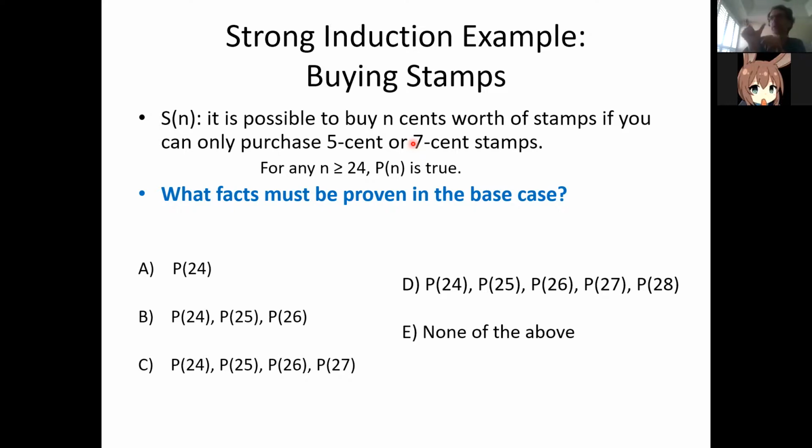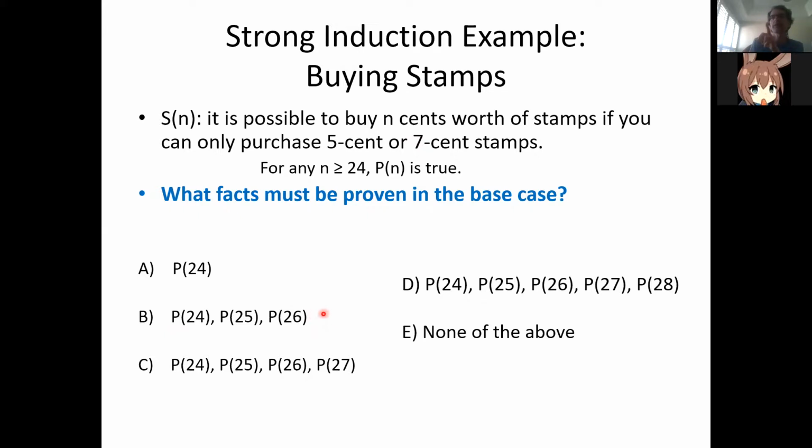So for that to work, in the inductive hypothesis, if you're proving something about some new point and you have a bunch of cases you can assume, then what you need is for this point minus 5 to still be in this range. So let's say that you prove only these points by hand.